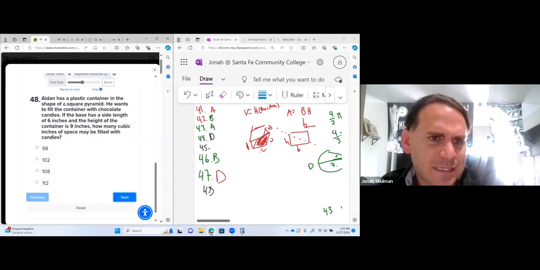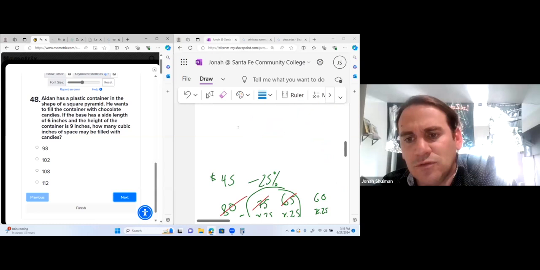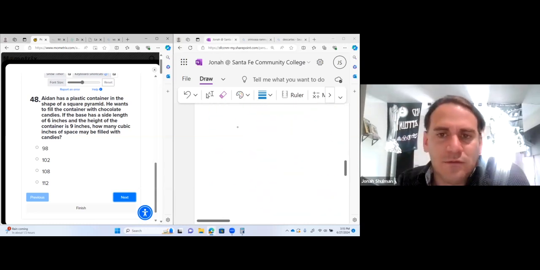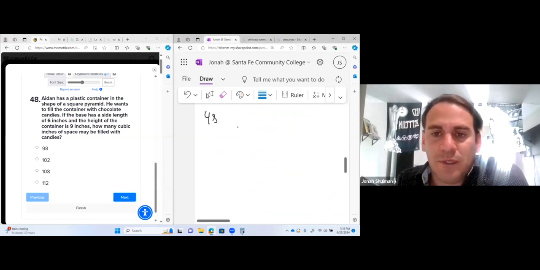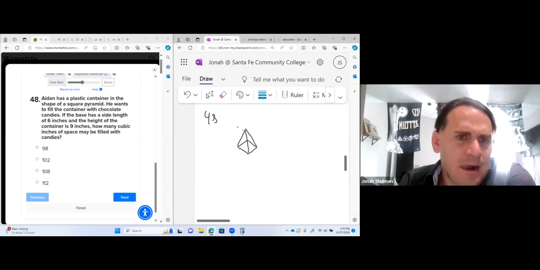Aiden has a plastic container in the shape of a square pyramid. So the first thing I'm going to do for 48 is to draw a square pyramid. So this is a square shape on the bottom. That pyramid means there's all triangles that kind of meet at the top. This is what a square pyramid looks like. Okay. He wants to fill the container with chocolate candies.